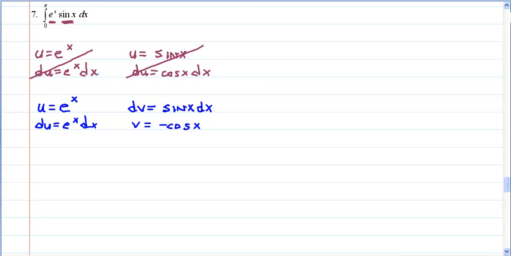So when it looks like integration by parts is failing because your du is not made simpler by either function, just pick either one of them for your u. And when you substitute it in the formula for integration by parts, we have u times v, e to the x times negative cosine x, and then minus the integral of v du, which is negative cosine x and then e to the x dx.